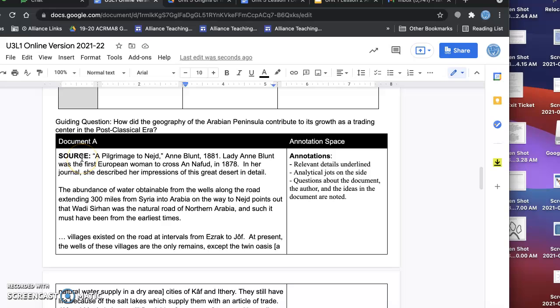The source here is a pilgrimage to Najd. This is the first reading, and it is a primary source document because Lady Anne Blunt, right here, is the one whose experience we're going to be reading about.